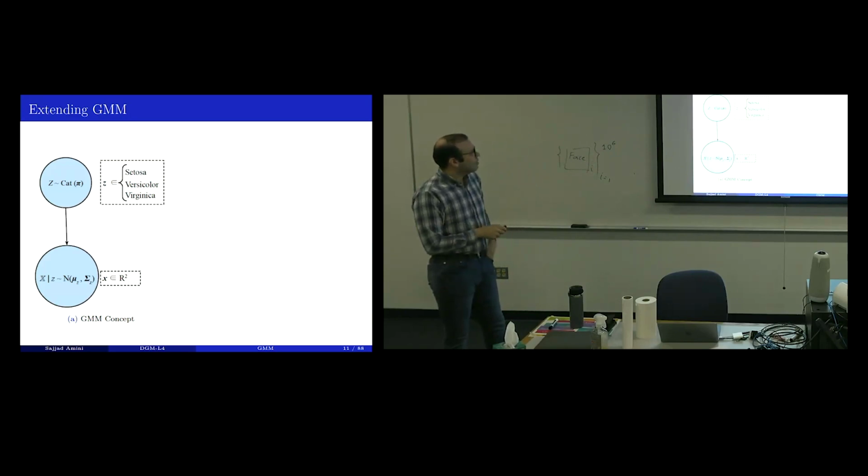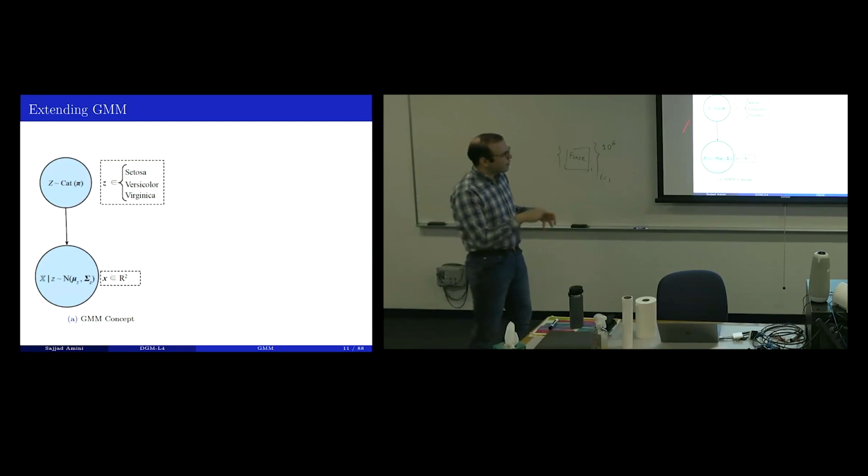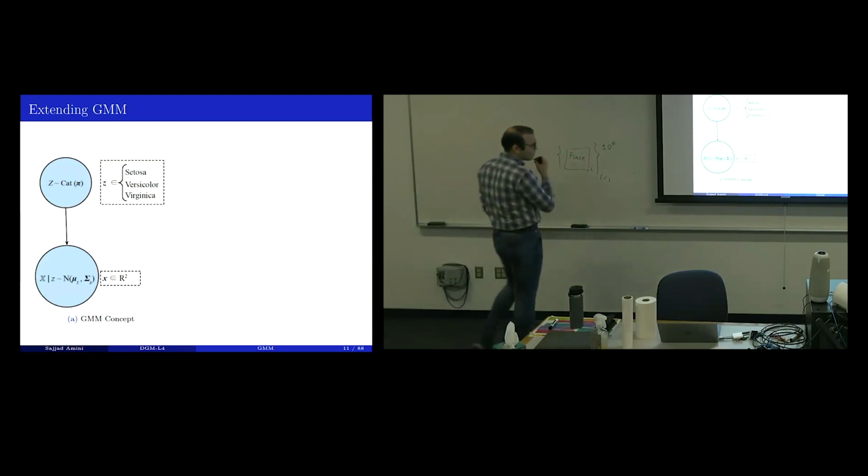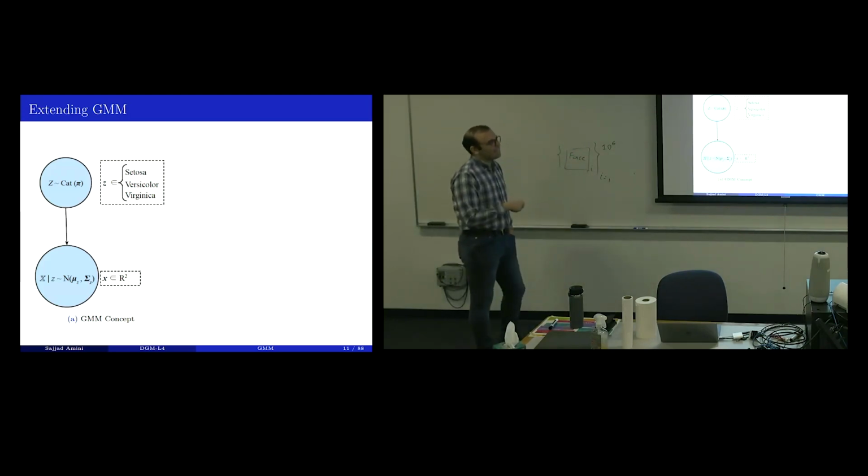For that case, we see that a categorical is enough. Now assume that I want to extend this concept into the case where X's are face images, for example, 68 by 68 images of faces. What do you think of Z in that case?